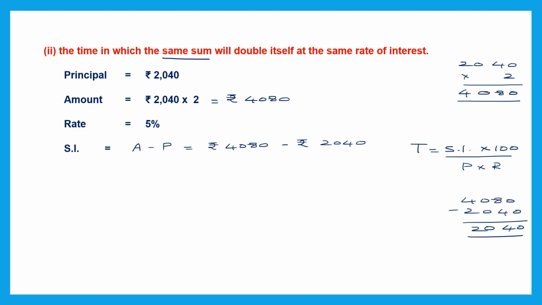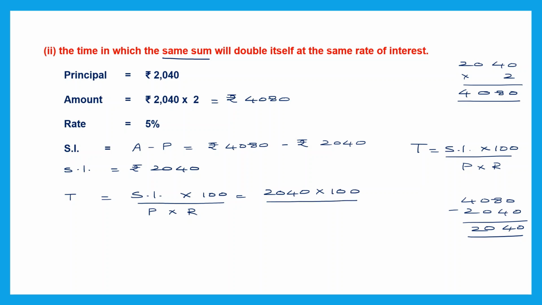So simple interest is rupees 2040. Now that we have found simple interest, we can find the time using the formula. Time is simple interest into 100 divided by principal into rate. So simple interest is 2040, which we just found out, into 100 divided by principal. Principal is again 2040 and rate is 5%.